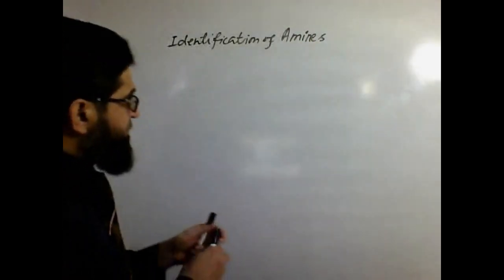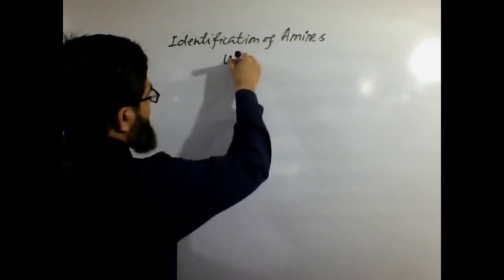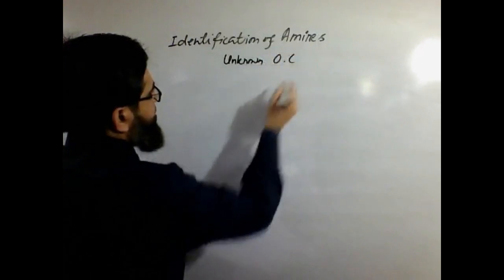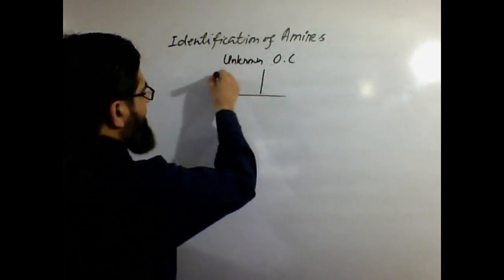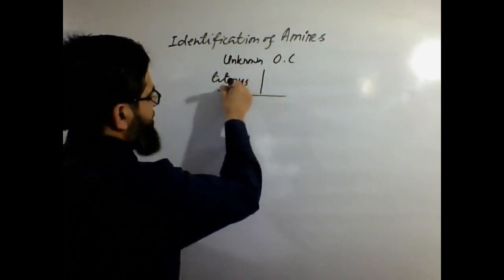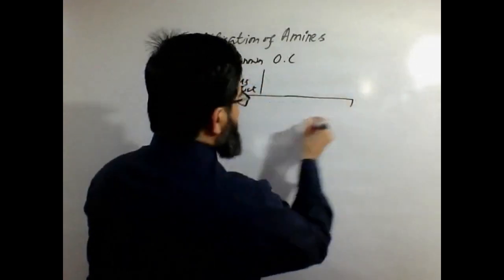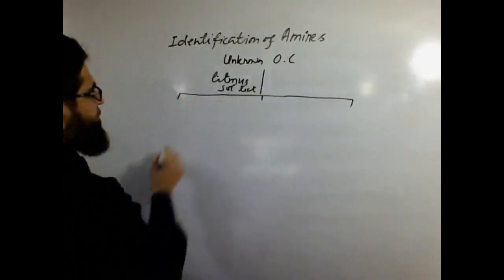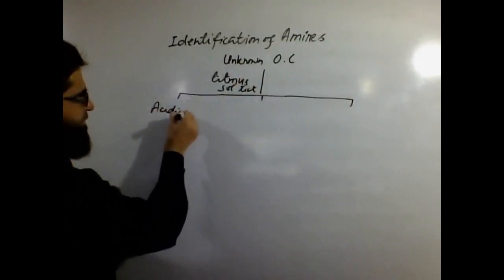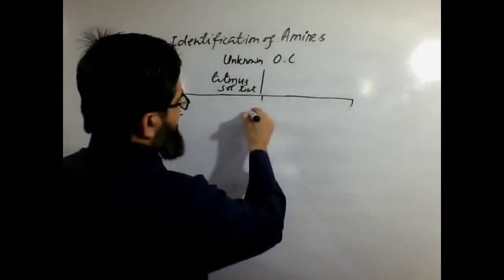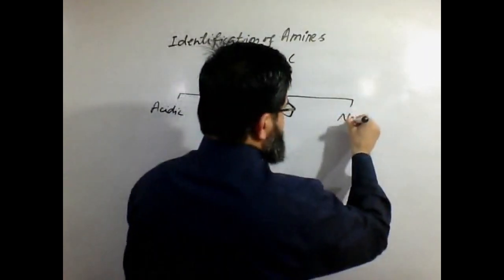So once you have an unknown organic compound and you start off with the litmus solution test, I've told you three possibilities. The litmus solution may confirm the given compound is acidic, or basic in nature, or neutral.